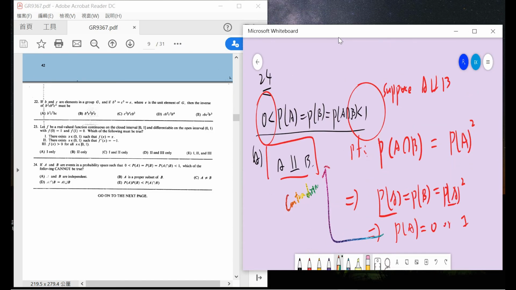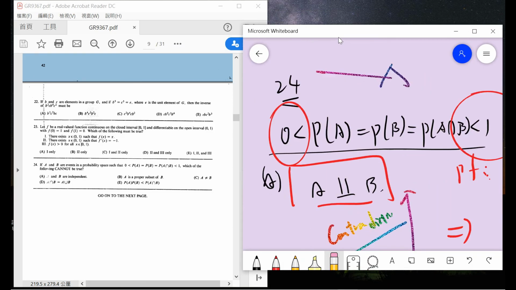So the answer is A. You can check that B, C, D are all possible, because one extreme case is B just equal to A. Then D is definitely possible, and E is also correct.